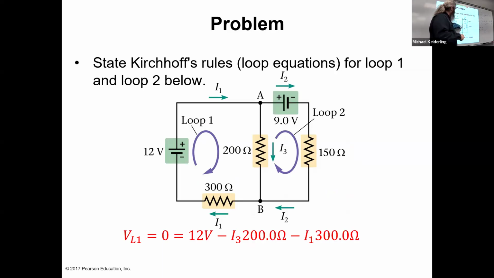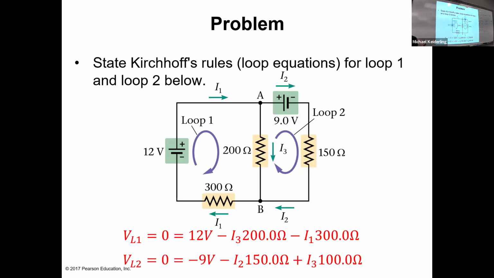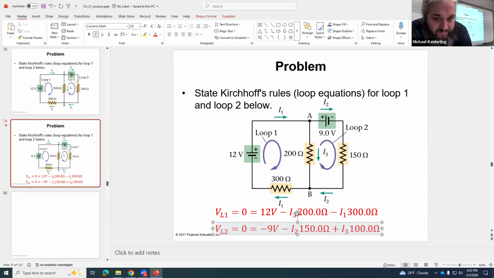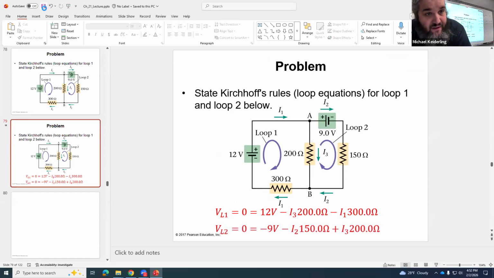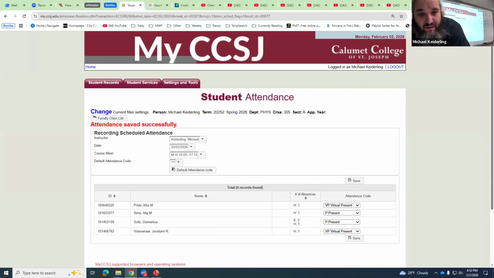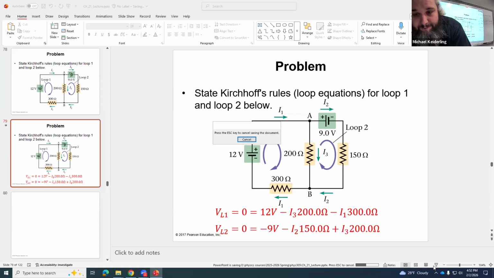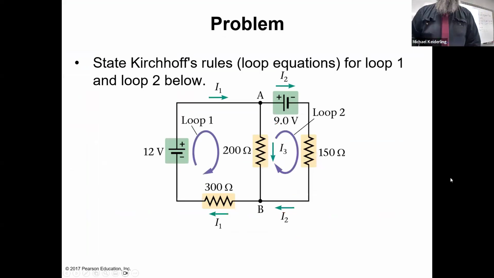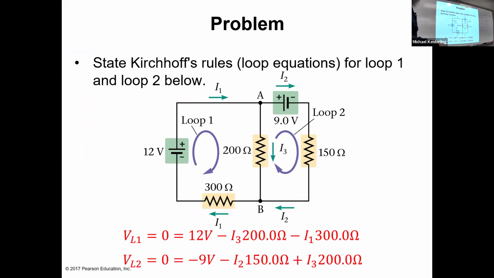And VL2 is minus 9 volts minus I2 times 150, and then plus I3 times 200. That's a typo.